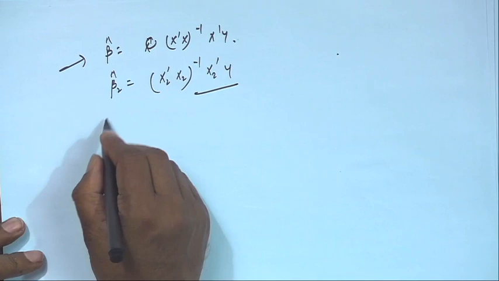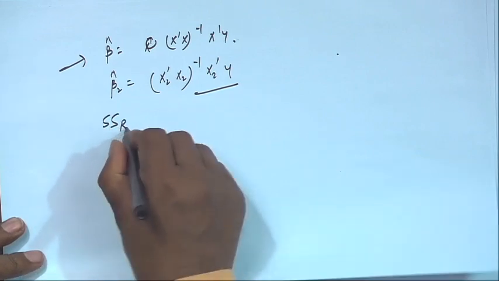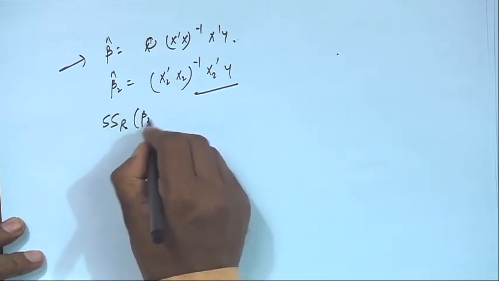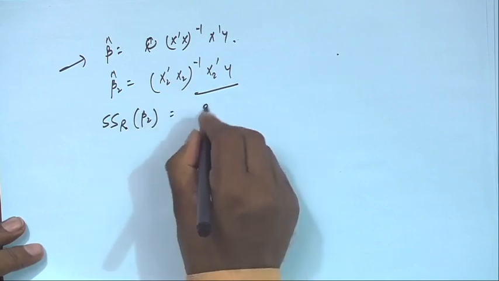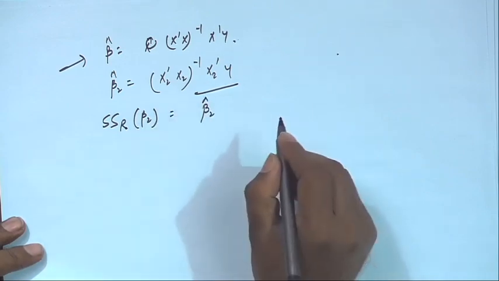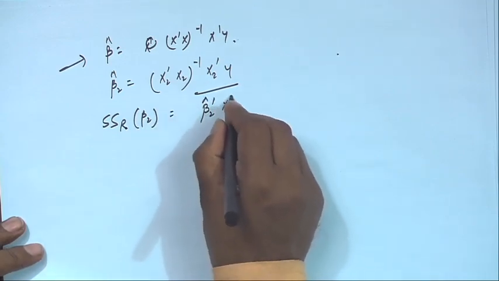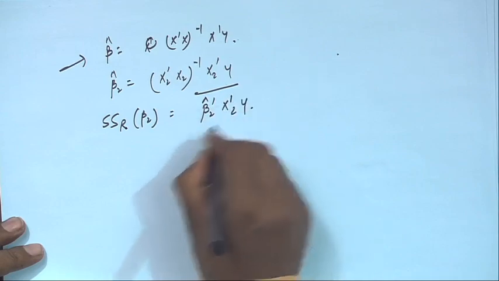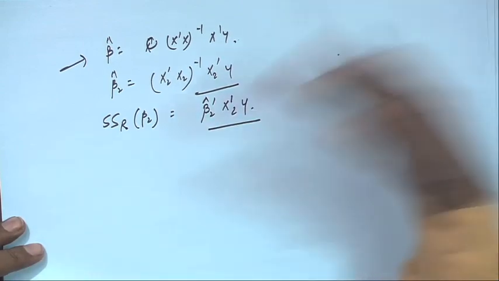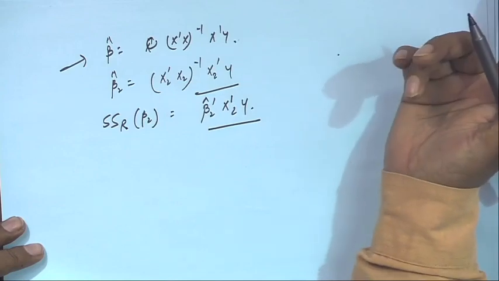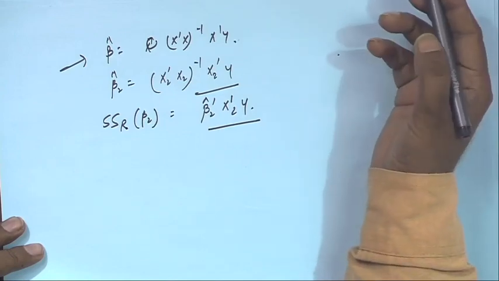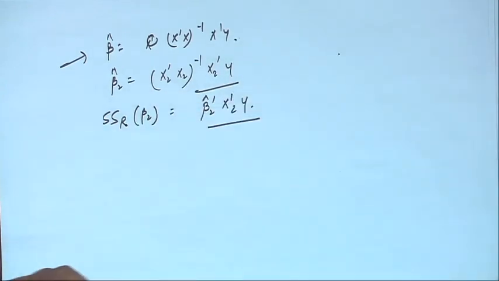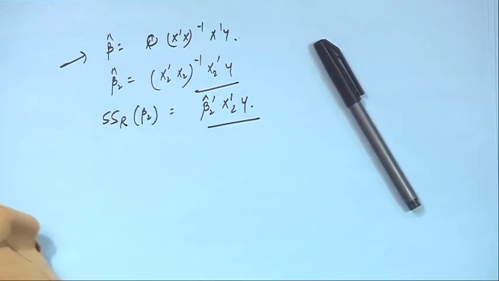Then we will get the SSR for beta 2, that will be beta 2 cap transpose x2 transpose y. From the previous model we have seen beta 2 x2. Okay. So, ultimately, show the slides.